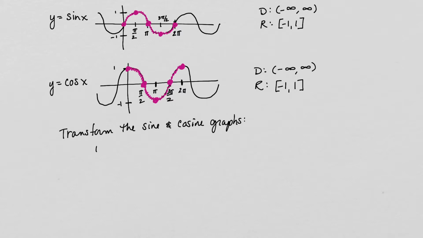The functions we're going to graph are going to look like y equals a sine bx minus c plus or minus d, or y equals a cosine bx minus c plus or minus d.